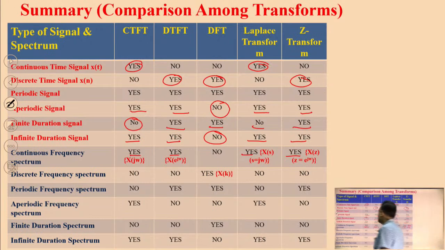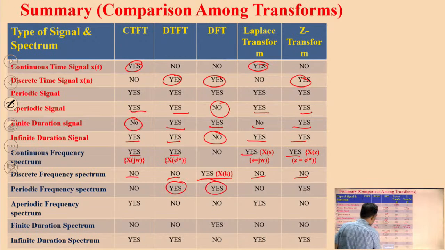Discrete frequency spectrum: no for CTFT and DTFT, which give continuous spectra, but the DFT spectrum is discrete, and Laplace and Z-transform do not give this. Then periodic frequency spectrum: the frequency spectrum is periodic in case of DTFT and DFT both, and you can say it is applicable for Z-transform also.